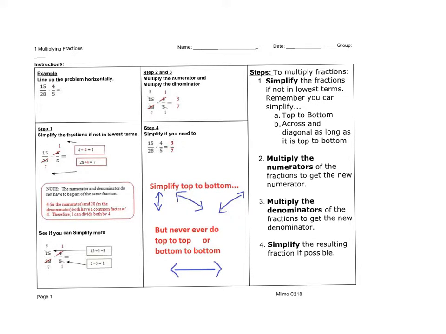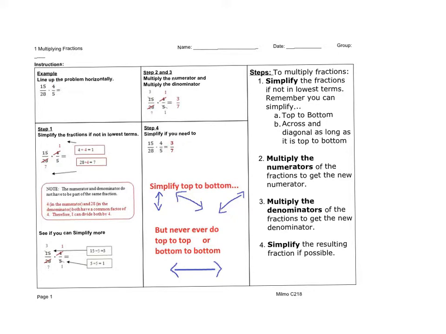I need you to copy the simplify that I have there, just like you see it, okay? So go ahead and copy that right in that spot, okay? Because what it's saying is that you can simplify top to bottom and across diagonally, okay? Yeah, copy. You turn it around, okay?